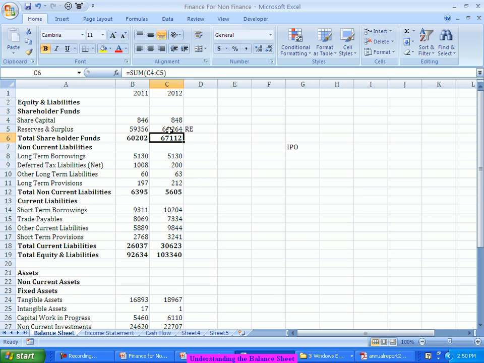Right? This is just a notional amount that the owners have invested, 6,711 crores, with the company. But it is not an indicator that the company is mandated to pay 6,711 crores to them. That's the reason there is a segregation between the owners' part and the other liabilities.